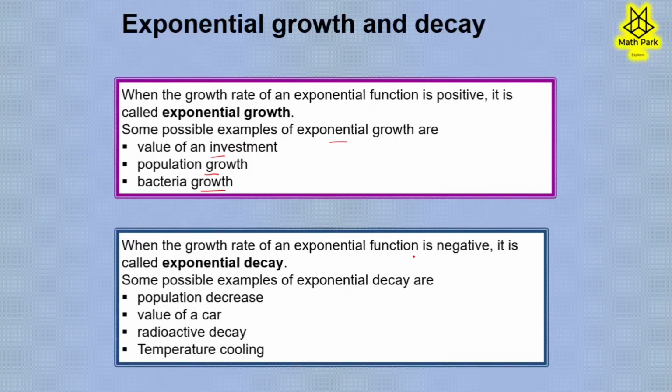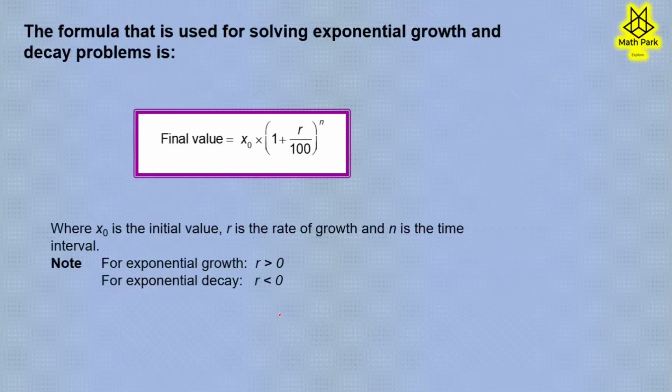When the growth rate of an exponential function is negative, it is called exponential decay. So here R goes negative. Some possible examples of exponential decay are population decrease, the value of a car, radioactive decay, and temperature cooling. Let's take some questions based on this.